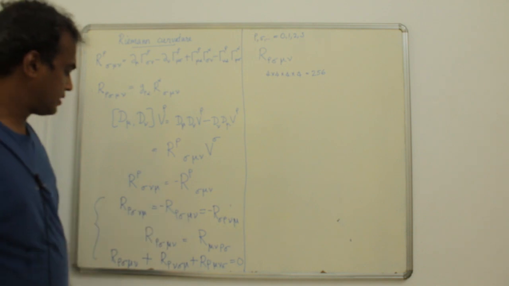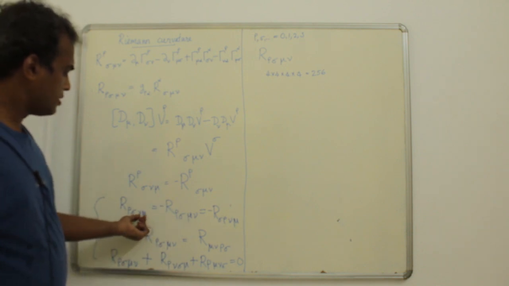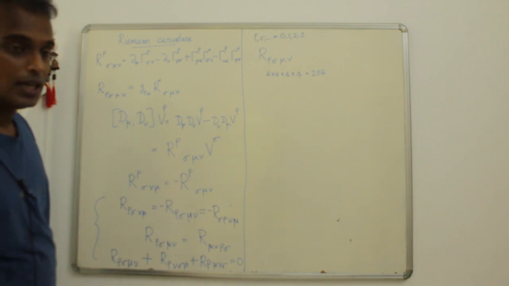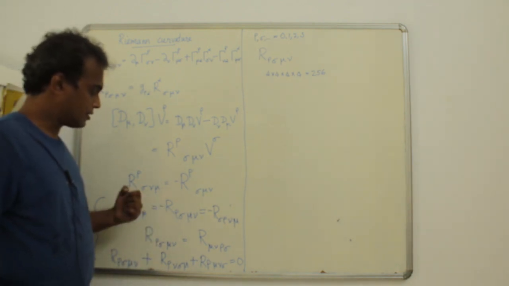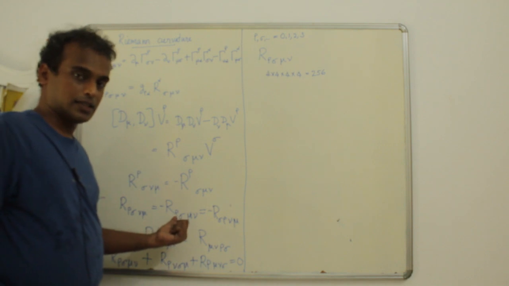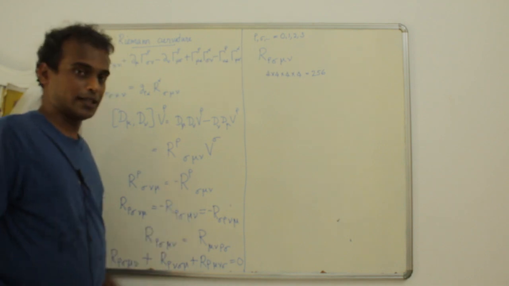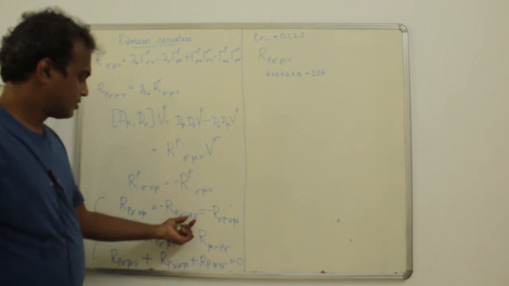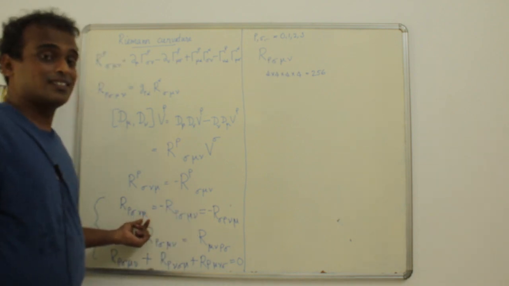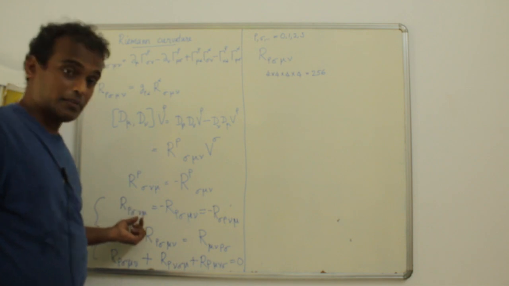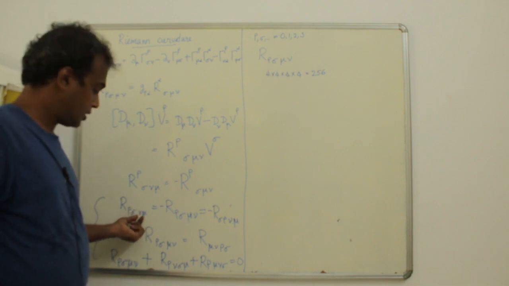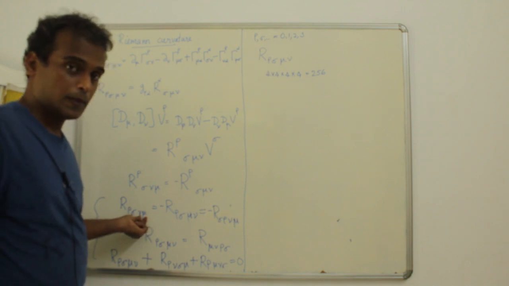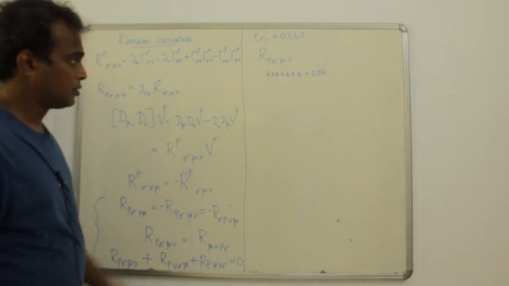The first identity tells us that if I interchange the position of the last two indices, I get the same Christoffel tensor component but with a minus sign. This necessarily tells us that if I consider the Riemann tensor component with their last two indices being equal, then that must necessarily be 0.